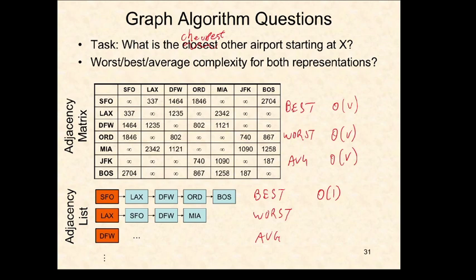The worst would be O of V because I have to look through all V minus 1 vertices in this one. And then the average would be O of E divided by V because the average linked list is of length approximately E divided by V.